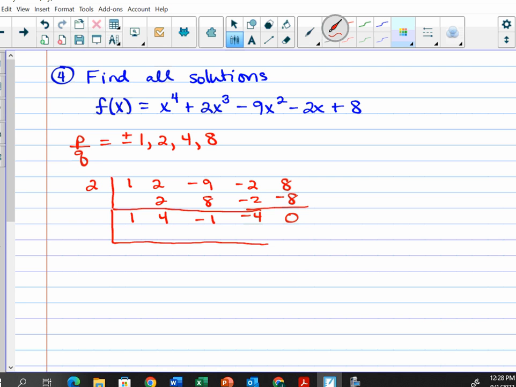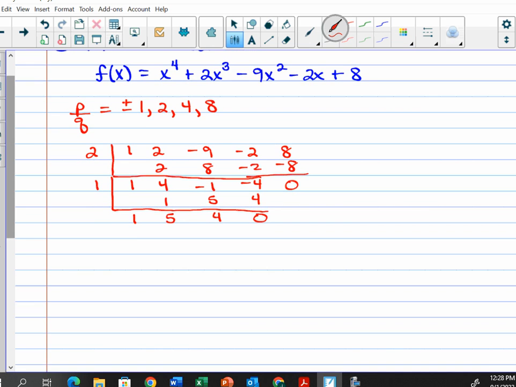I'm going to try 1 this time. So I am now at x squared plus 5x plus 4.